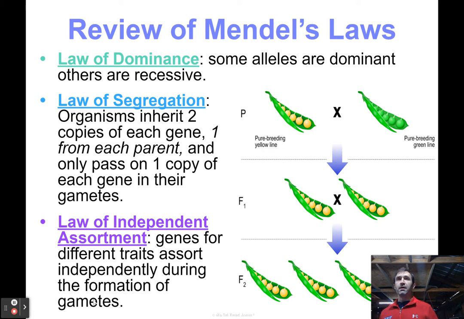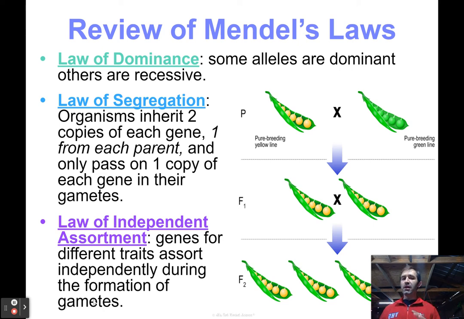So what does that mean? That means if you get, say, a dihybrid cross, let's say we've got a gene for pea color and pea shape. Well, let's say you get the dominant allele for pea color. You get green. Well, that has no bearing at all on the shape of the pea.